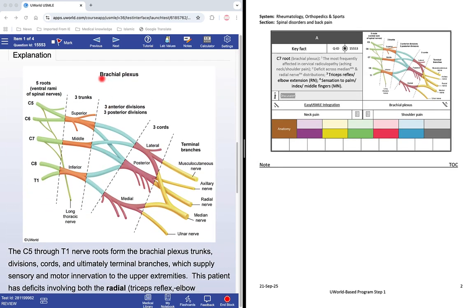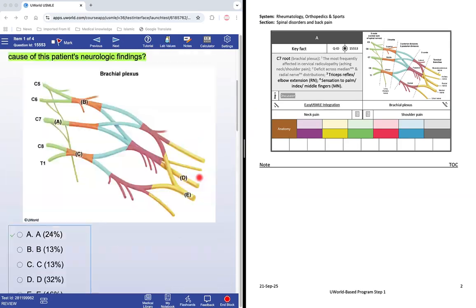In the figure of the brachial plexus, we see 5 roots, trunks, divisions, cords, and terminal branches. You can see that C7 contributes importantly to the development of the median and radial nerves.